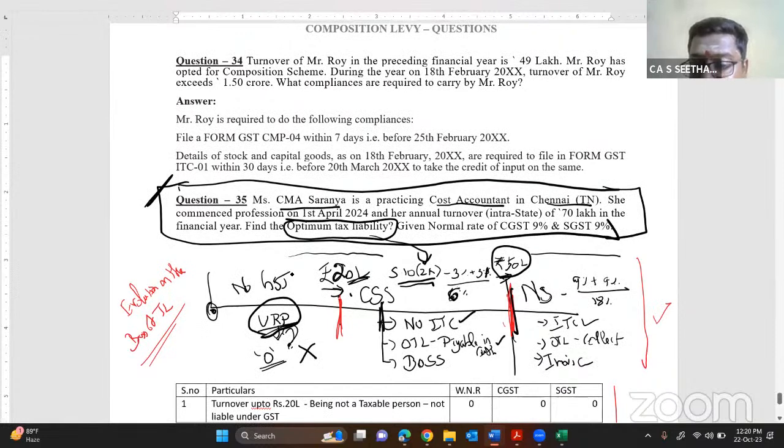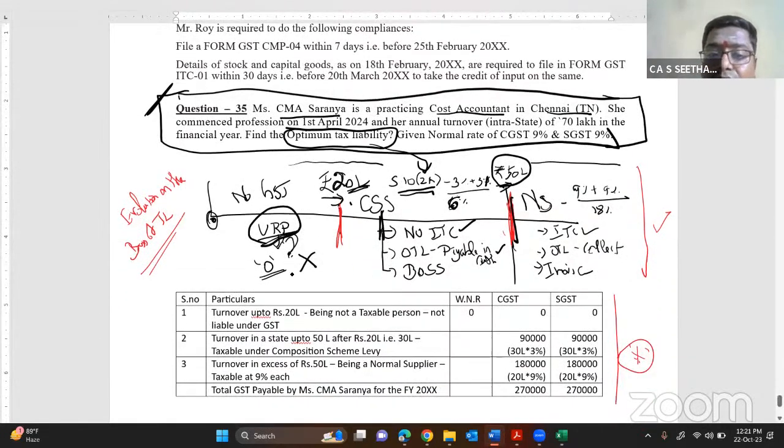Output tax liability is payable in cash, and the value of supply will be up to 50 lakhs. For the bandwidth 0 to 20 lakhs, it will be 0. For the bandwidth after 20 lakhs up to 50 lakhs, that is 30 lakhs, it will be 30 lakhs into 3% payable in cash, which is 90,000.